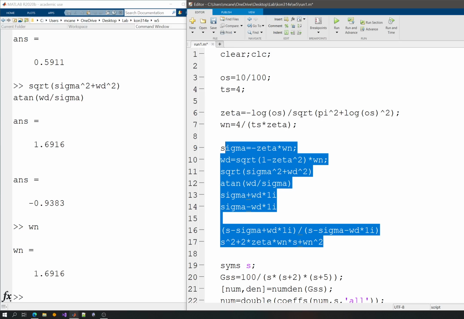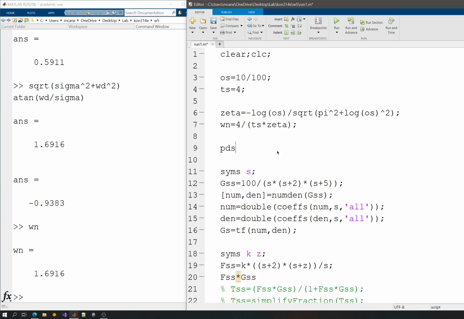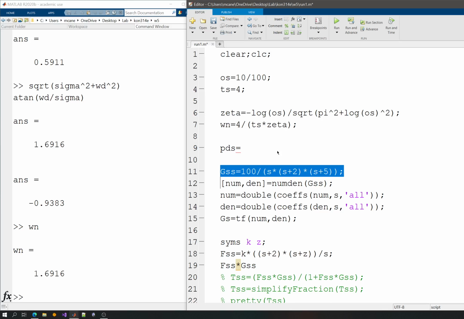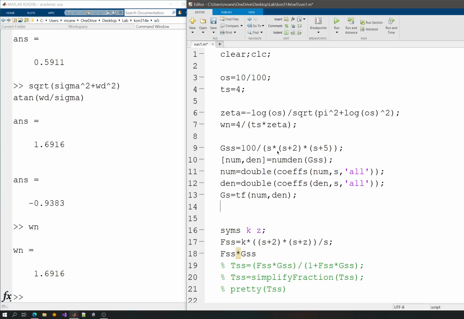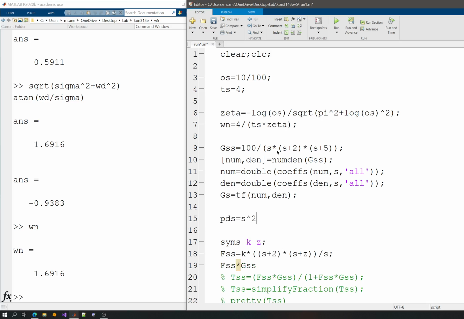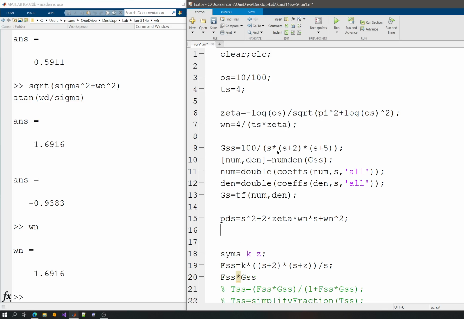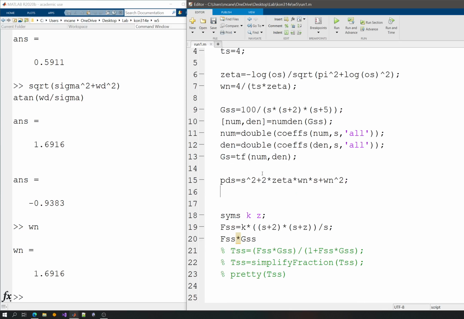Okay, now enough said. Now I will go ahead and define my PDS here, and therefore I need a syms s. I should start here. PDS is equal to s squared plus 2 times zeta times omega n times s plus omega n squared. Basically, I will look for the closed loop system here.